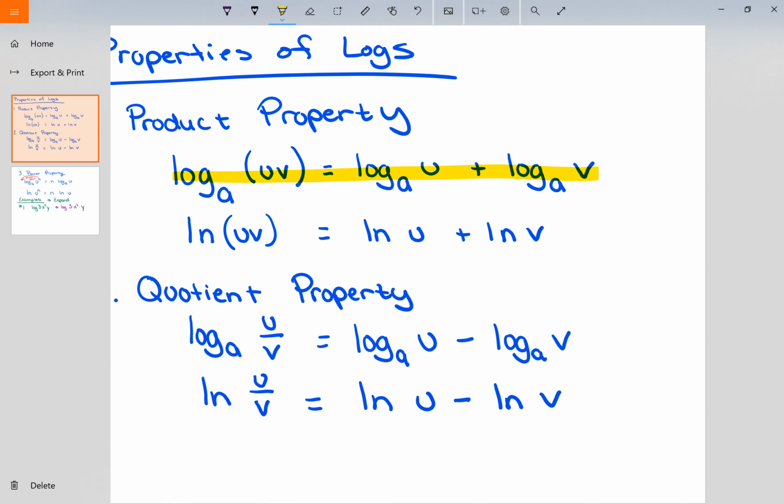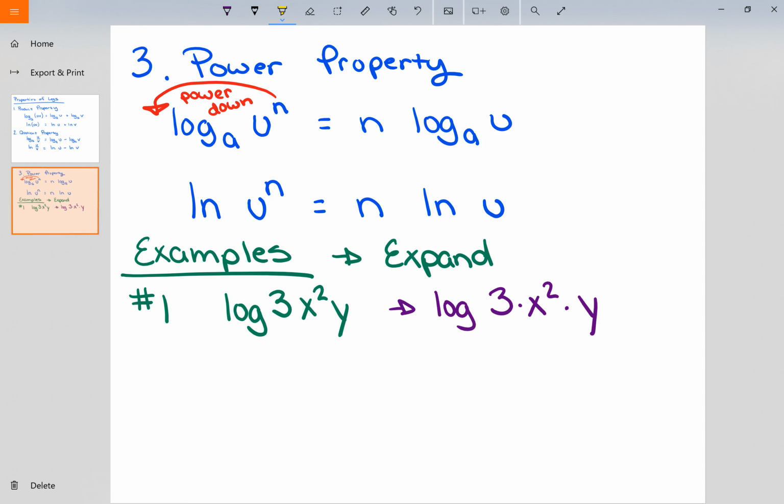So here I want to expand these by addition. So I'm going to have, changing back to pen, log 3 plus log x squared plus log y.